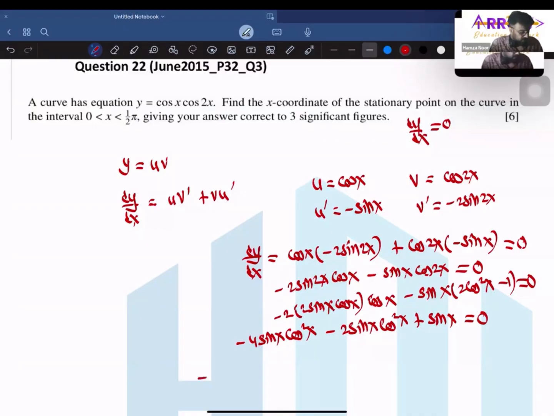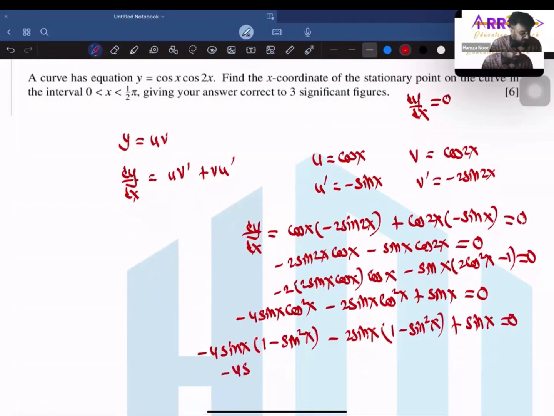So this goes on like this: minus 4 sin x multiplied by 1 minus sin square x, minus sin x times 1 minus sin square x plus sin x, and this whole thing is equal to 0.